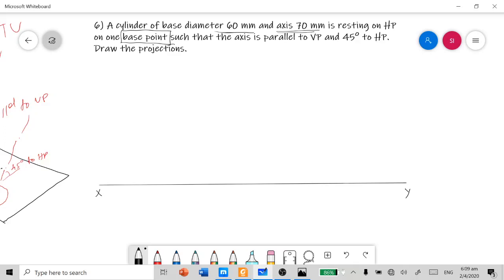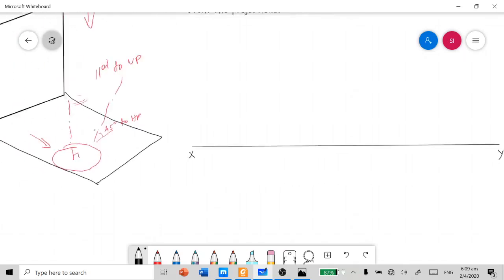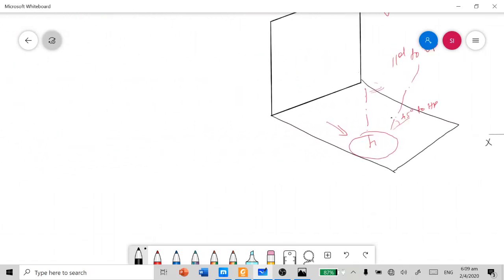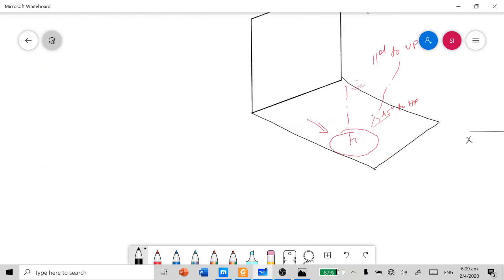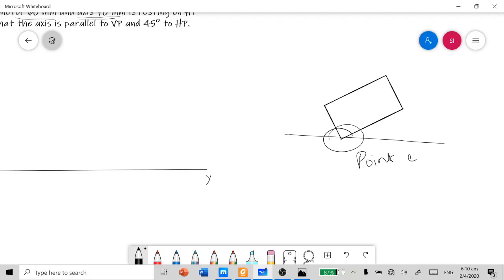For example, think about the resting condition of a cylinder on any surface, maybe HP or any surface. If a cylinder is resting on a flat surface, the manner of contact will be a point contact only.